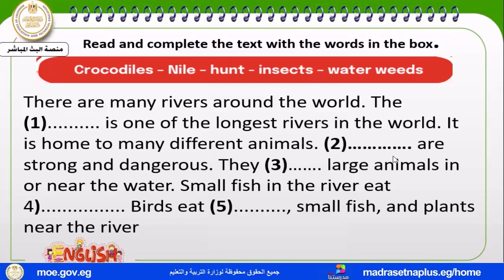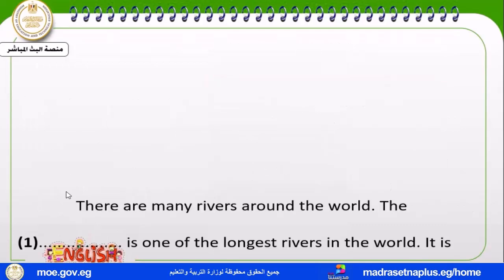They large animals in or near the water. Small fish in the river eat what? Birds eat what? Small fish and the plants near the river. I think now you can guess the answer, and let's see if your guesses were correct.